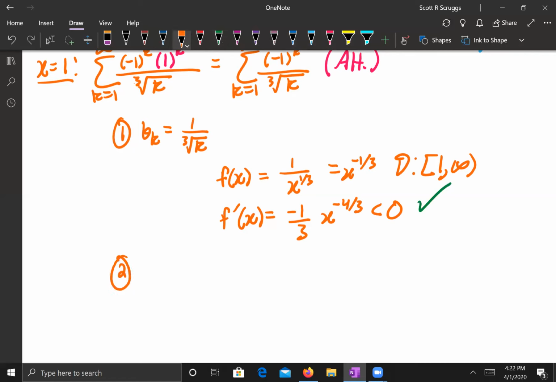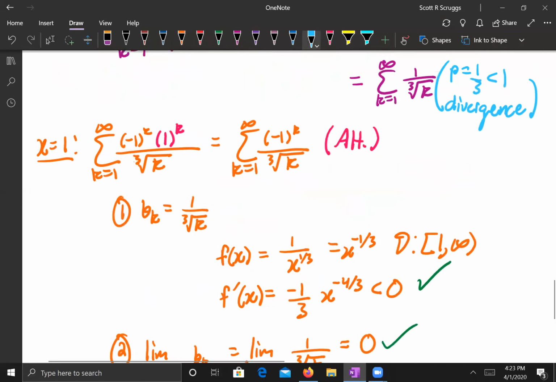And I say second condition is very quick as well. Because 1 over cube root, k is only in the denominator. So denominator is getting really big, which means the second part is 0.